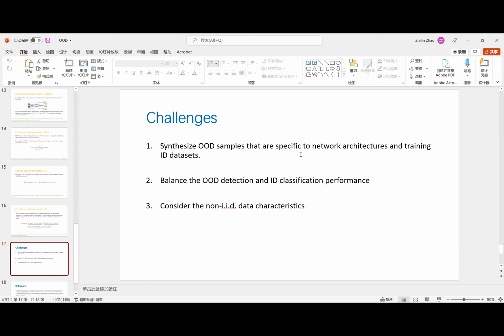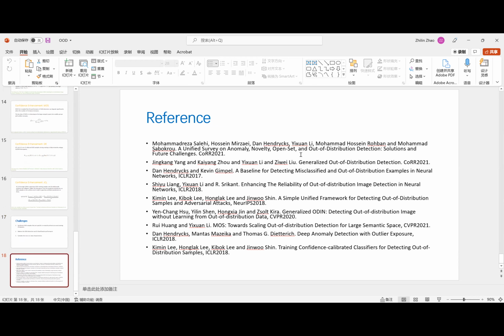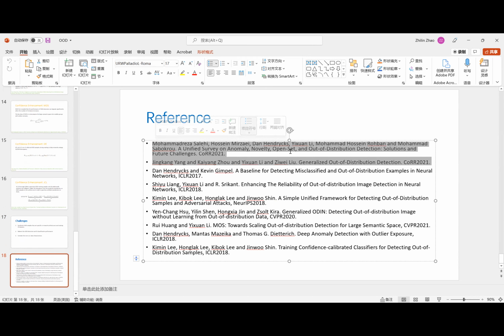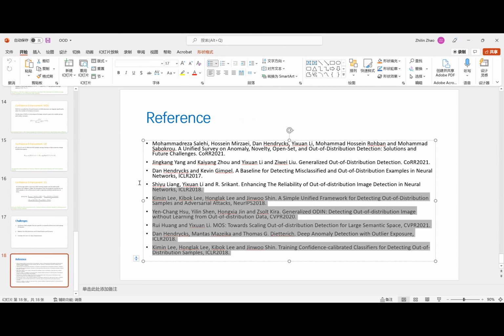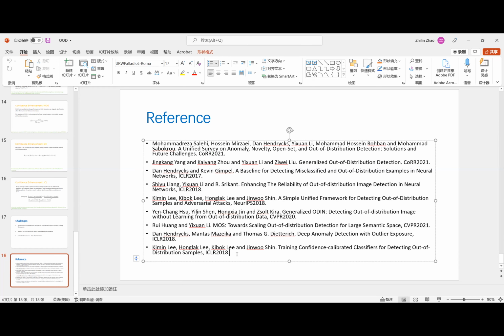Okay, there's some reference for you to have a deeper understanding about the OD detection direction. The first two papers are good surveys about the OD detection, and the other papers are the popular methods for this research direction.